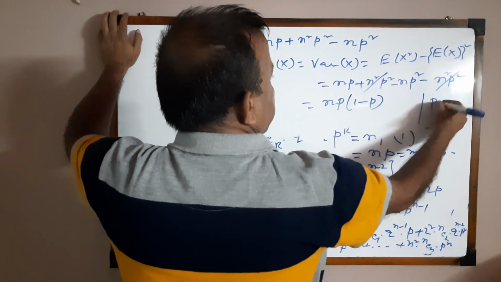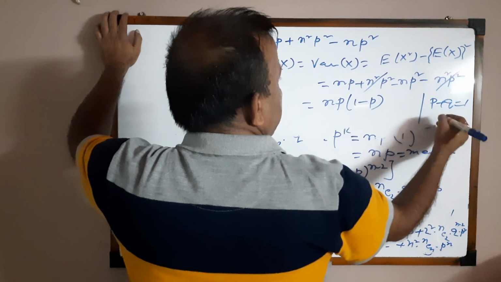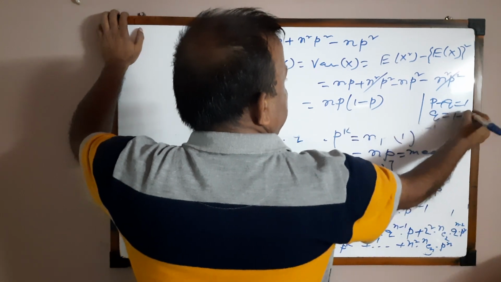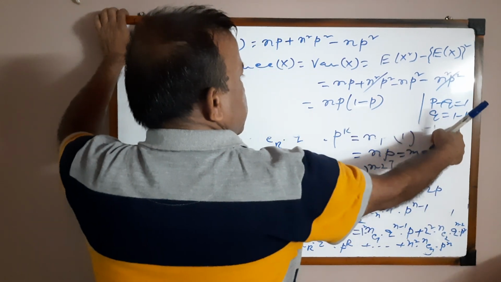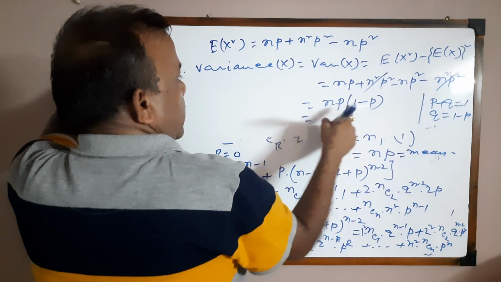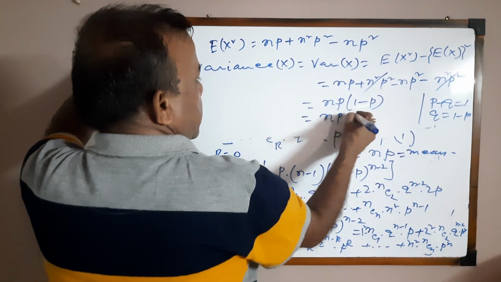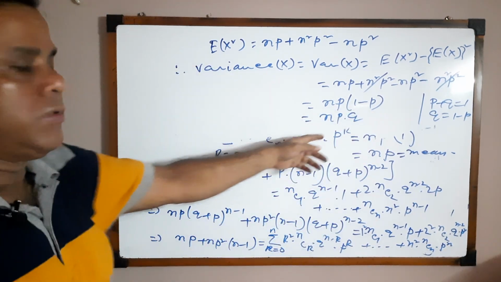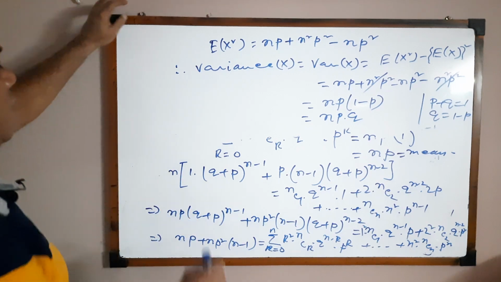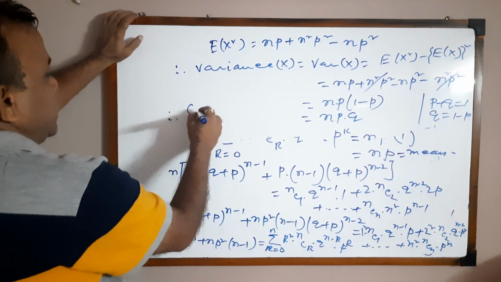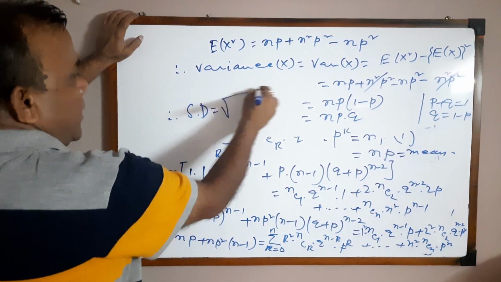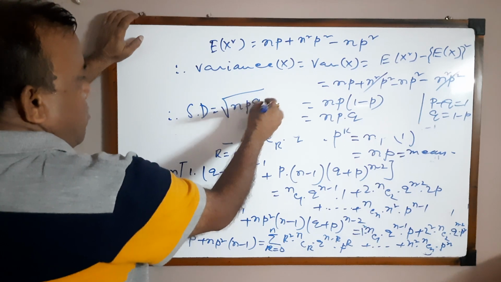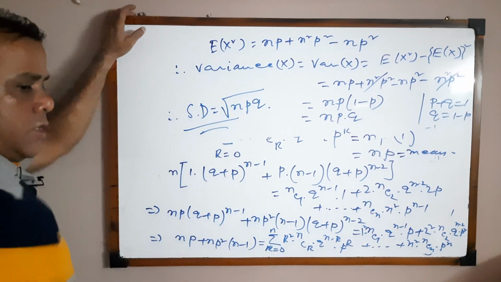As p plus q equals 1, therefore q equals 1 minus p. Putting this value, variance equals npq, and the standard deviation is sigma equals root under npq. Okay, very easy.